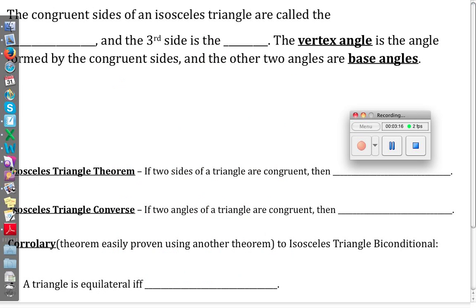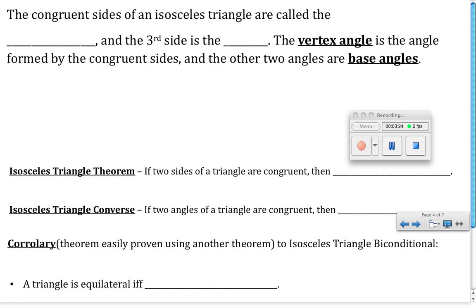All right, so let's talk about some of the parts of isosceles triangles. Again, this may be terminology that you're familiar with. The congruent sides of an isosceles triangle, do you know what we call them? Let's start with the diagram.